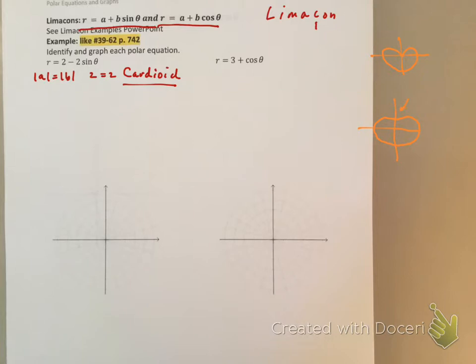That indentation we're talking about is right there. And then you're going to have one with an inner loop, so it's going to do something like this. It's going to kind of look like a cardioid, but you've got the inner loop.